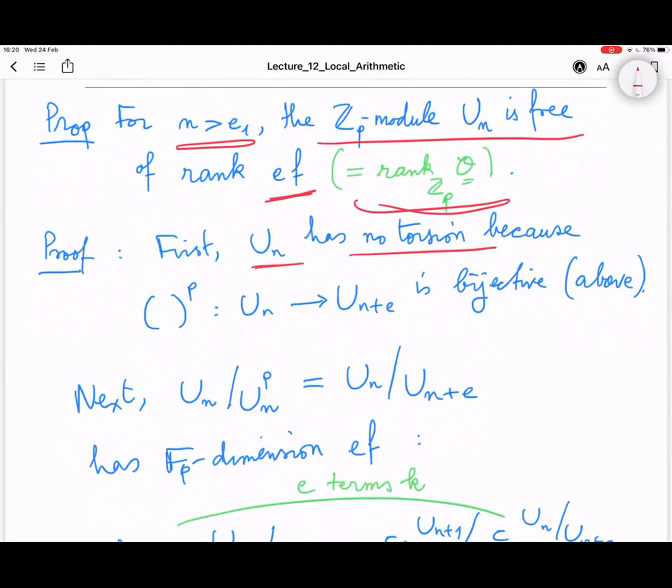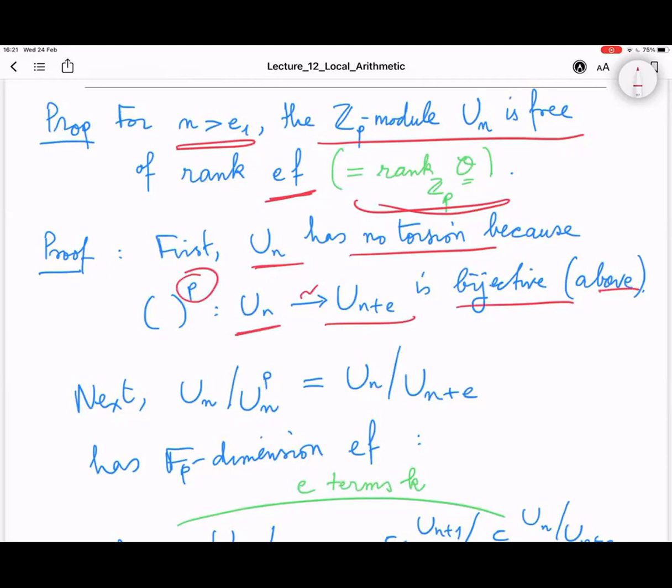We are over Z_p, so everything which is not in the maximal ideal is invertible, and it cannot have torsion other than p-torsion. U_n has no torsion because raising to the power p is a bijection of U_n with U_{n+e}.